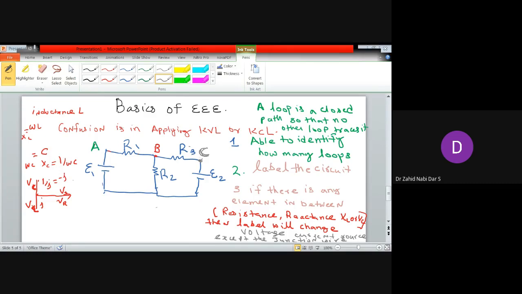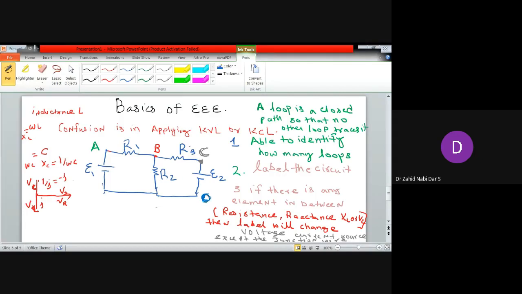So here you see this point will become C. And there is again an element coming over here. So again you saw there is an element. So this point here will become D.